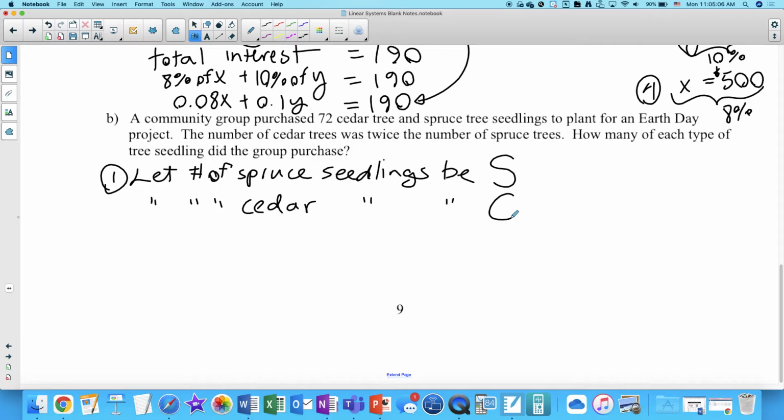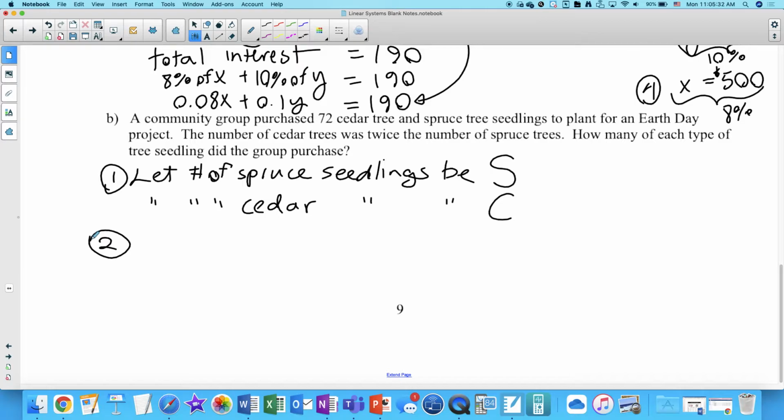In our second step, we need to try and come up with 2 equations that relate these 2 variables to one another. Okay, so first look out for any totals. Do we have any in this problem? Yeah, 72. And 72 is the total of what?